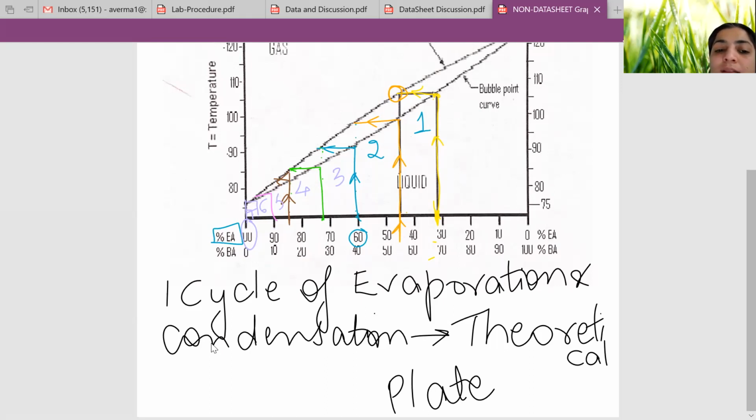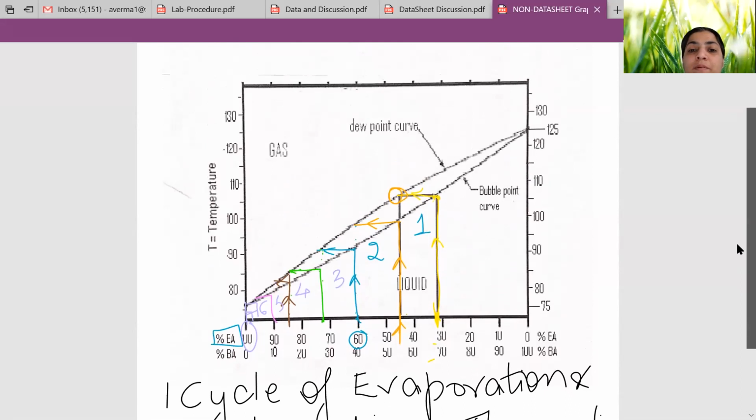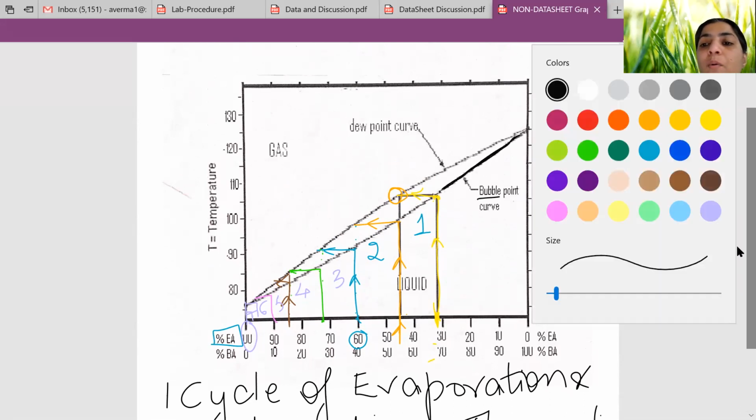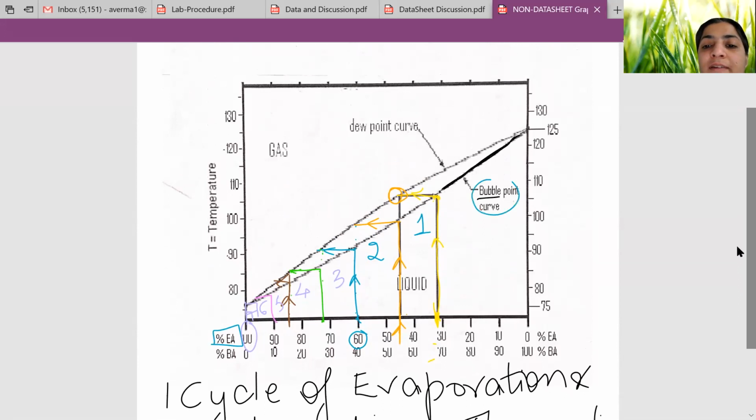When your number of theoretical plates increase, your purity will also increase. A point to remember is that the lower curve is the bubble point, or up to the mark where you have evaporation.